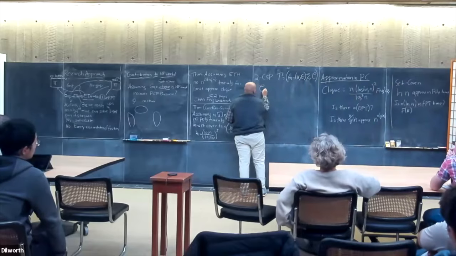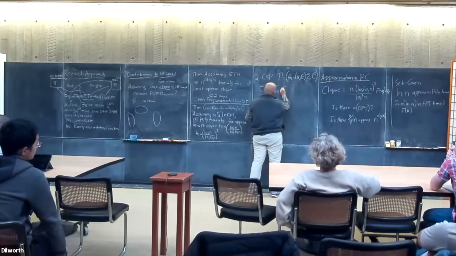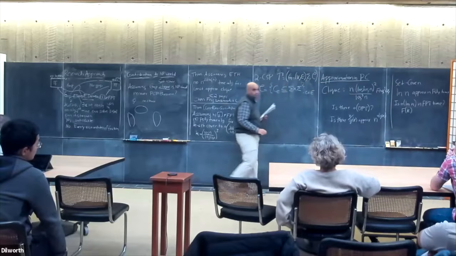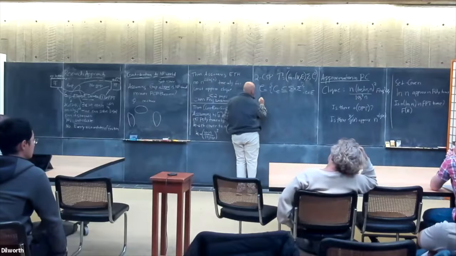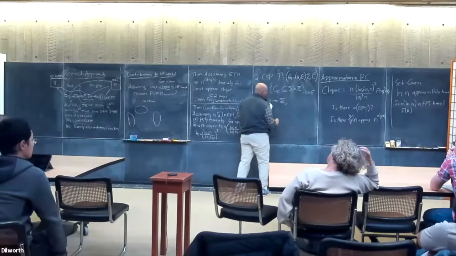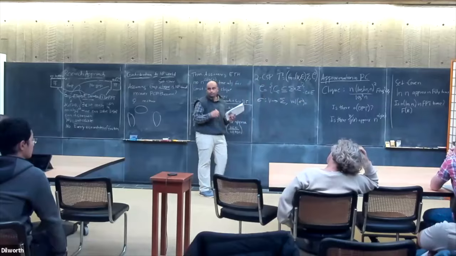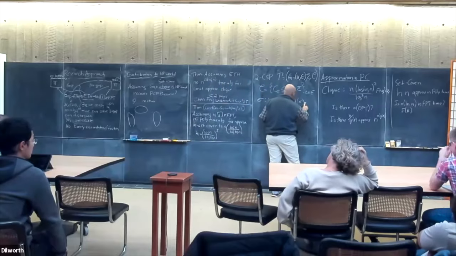I think of C as C_E, and your goal is to find an assignment. Sigma is an assignment, and the value of the assignment is just the fraction of clauses that are satisfied. So we write it using probabilities.